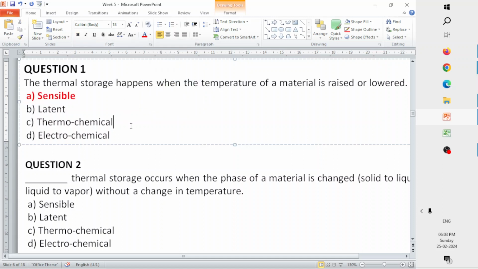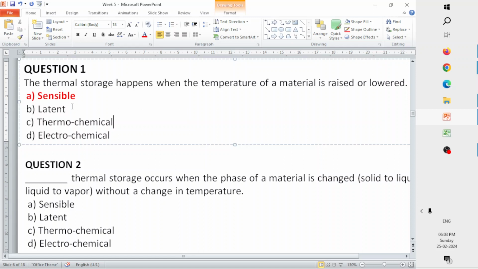Sensible heat is the heat that is absorbed or released by a material when its temperature is raised or lowered without undergoing a phase transition. The phase, that is, the way the material was when you started heating, remains the same after you reach that particular temperature.